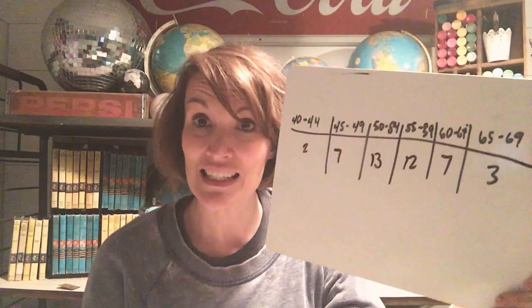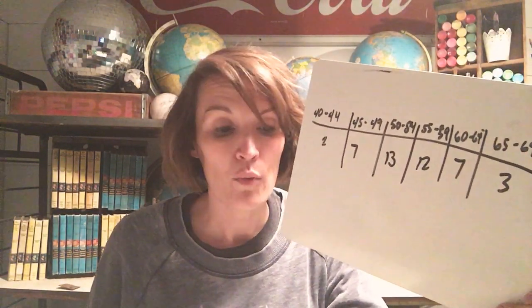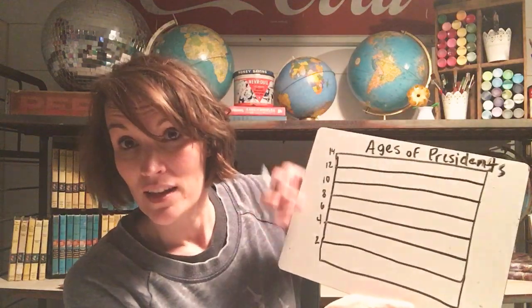So I'm going to take this data and make a histogram out of it. To make a histogram, we have an x-axis and a y-axis. For the y-axis, I'm going to have the number that there are. And for the bottom axis, I'm going to have intervals. The first interval is 40 to 44. The second interval is 45 to 49.